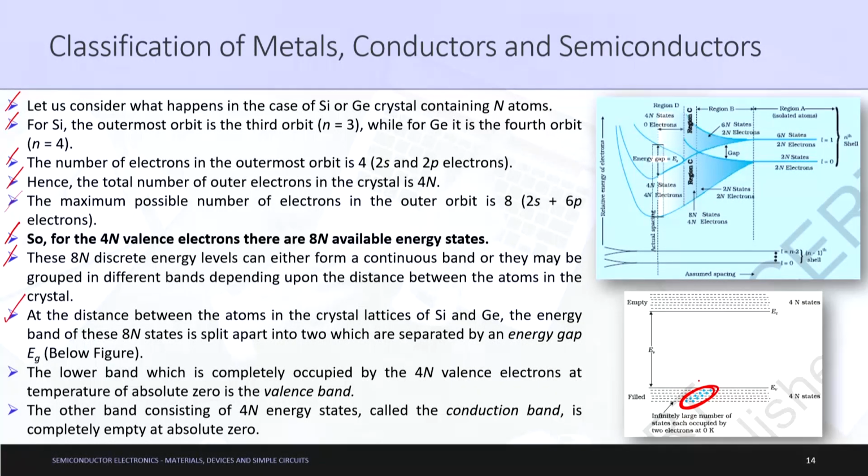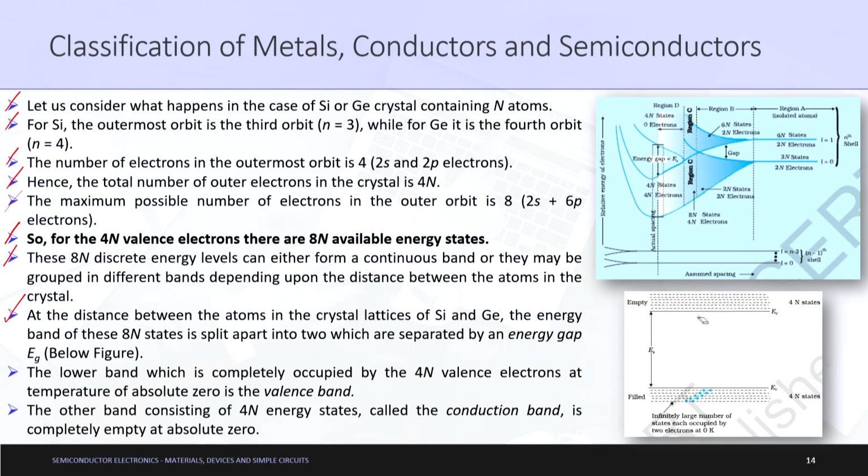That means these 4n valence electrons are residing in 4n energy states, fine. But there can be more energy states also, because we understood that there are a total of 8n available energy states. That means the remaining 4n energy states are present in the band above, called the conduction band.